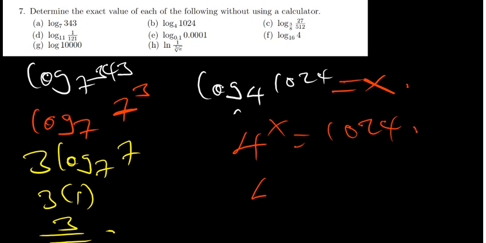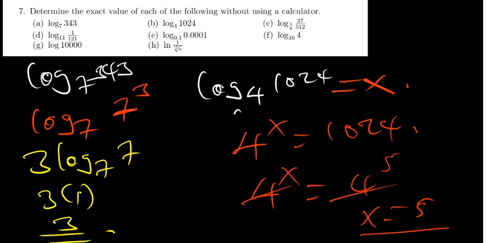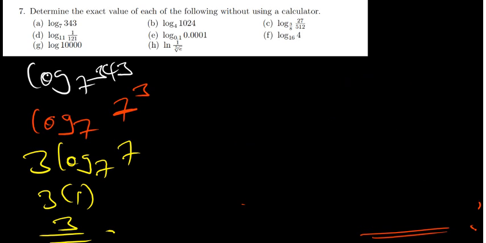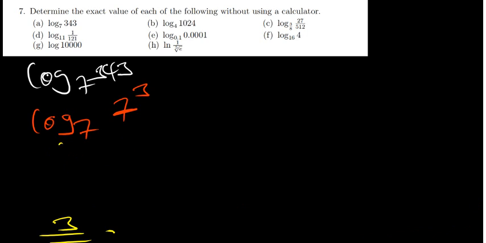I can change 1024 so that the base is the same: 4 to the power 5. So the 4s cancel and x is equal to 5. In this case, the exact value is 5, if you want it that way. Or you can do it directly like the way I've done it. Now let's go to part C.